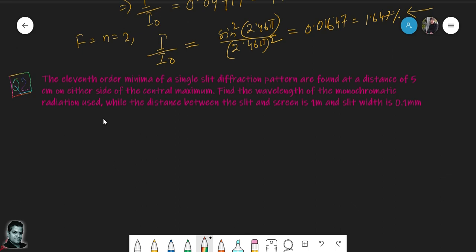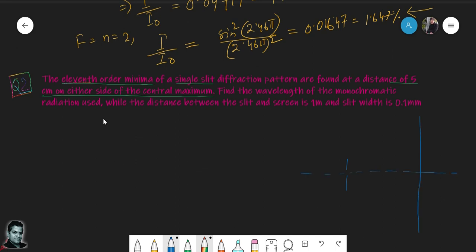First, let us list the given things. First thing is the 11th order minima. Then it's a diffraction due to a single slit. The pattern is found at a distance of 5 centimeter on either side of the central maxima. So let's draw the figure. Here is a single slit and there is a screen.